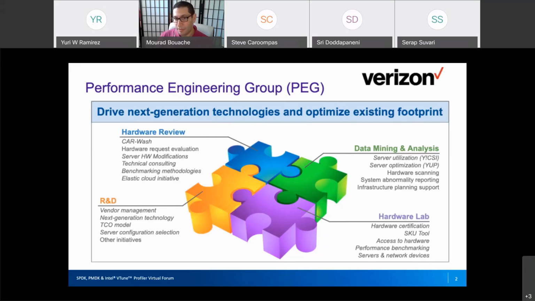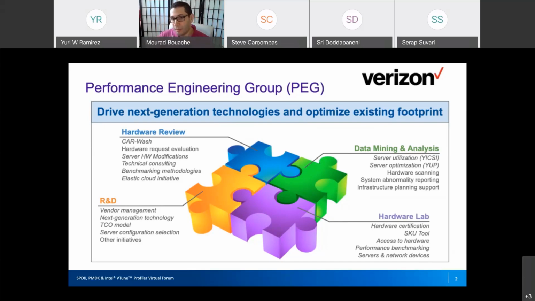And of course, when we work with performance, there is a lot of data. So we do a lot of data mining, analysis, and finding patterns. Of course, now with artificial intelligence, machine learning, and deep learning, we are trying to connect artificial intelligence and performance engineering.